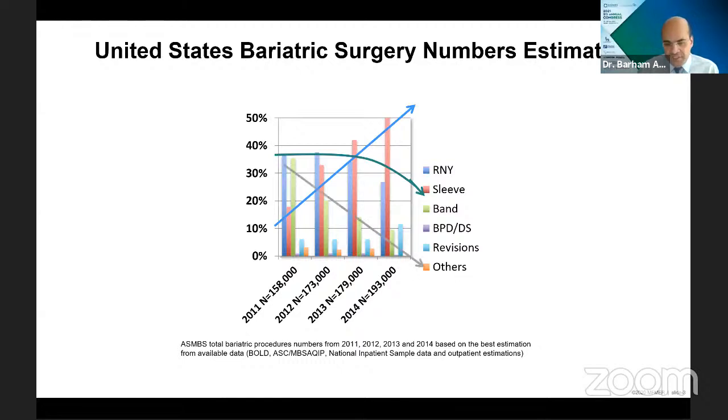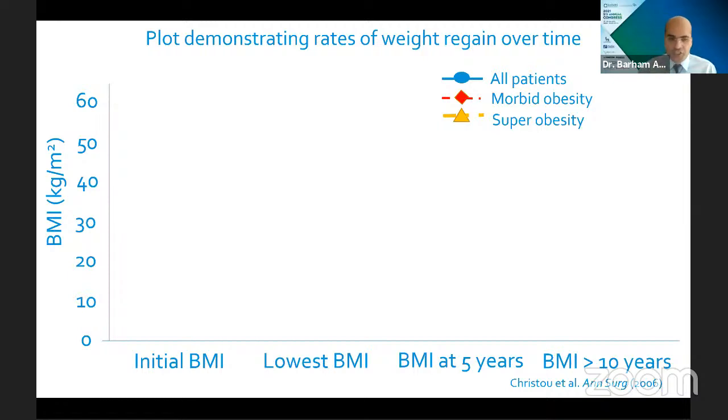And other procedures like the lap band are significantly decreasing, but what you're seeing now is a significant exponential incline in the number of revision bariatric surgeries, which means that there is no cure for the disease of obesity. And we have to expect that some weight recidivism and weight regain happens in the population.